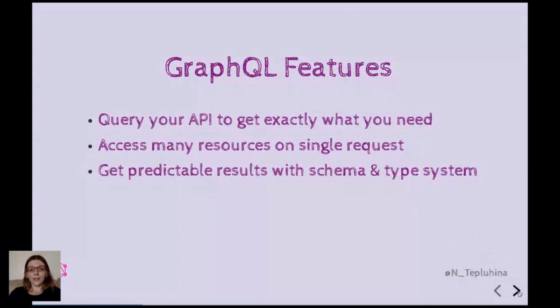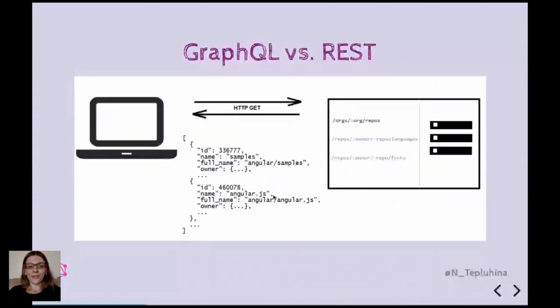Let's compare GraphQL to REST. And sorry for my Paint skills. But actually what you can see here is the request to the GitHub REST API. For now, GitHub has both REST and GraphQL API, so it's a really nice example to compare.